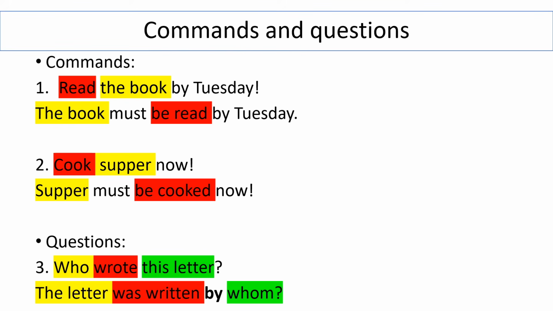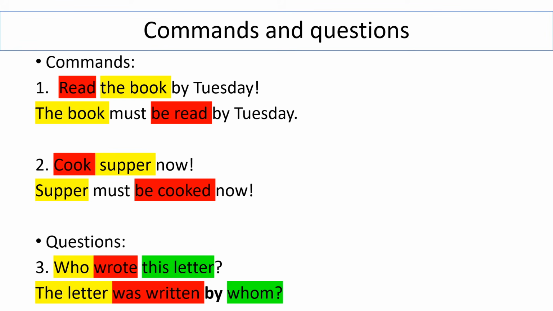Tuesday will stay in the same position in the passive voice. Step 3. The book will start the sentence although it is the subject of the sentence. Step 4. Remember to change the tense using the tense table. So, the passive sentence will now read, the book must be read.